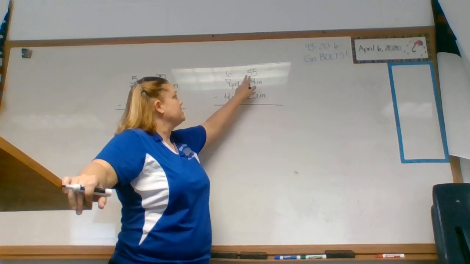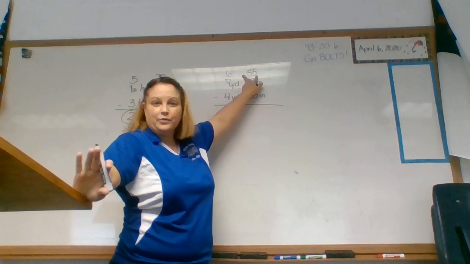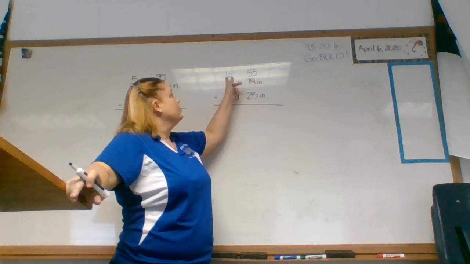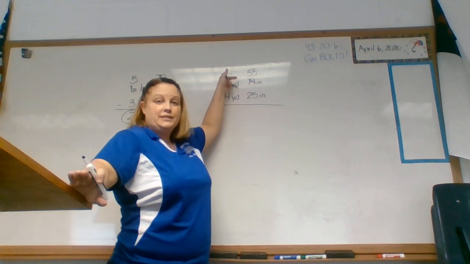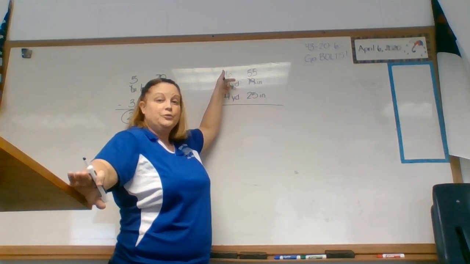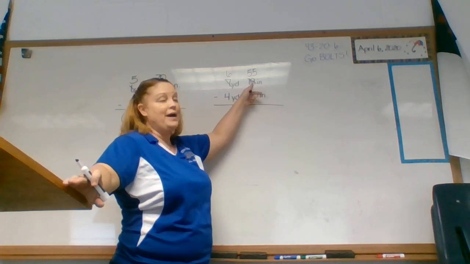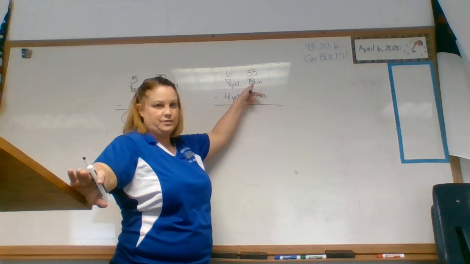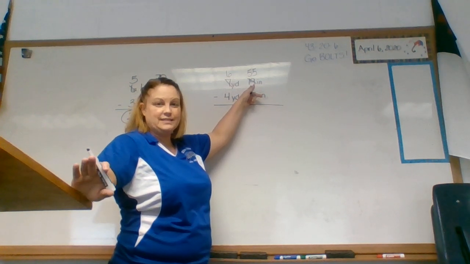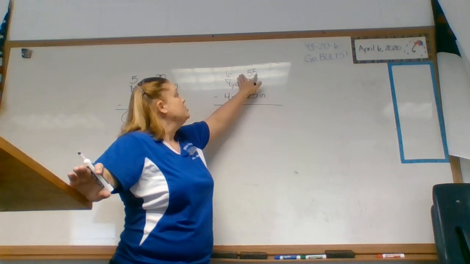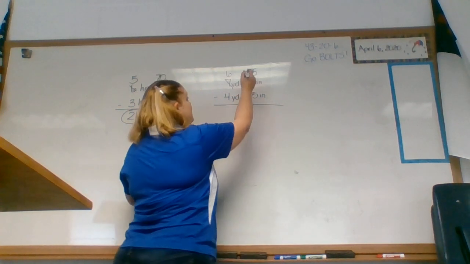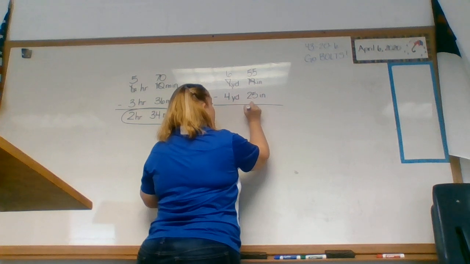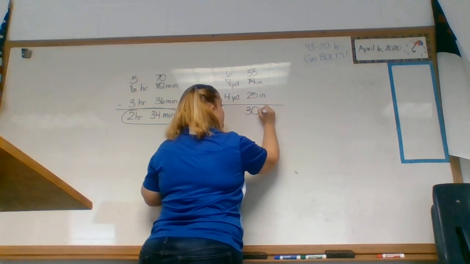So if you're confused how we got 55, let me go over it one more time. We borrowed a yard. A yard we know is 36 inches. We use that 36 inches to help out this 19 inches. So the 36 and the 19 get put together, so we have enough to be able to subtract the 25. 55 minus 25, 30 inches.